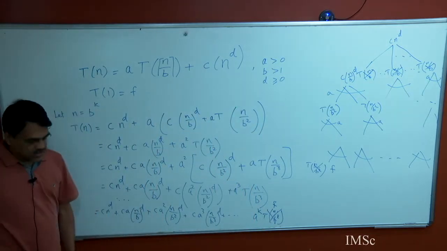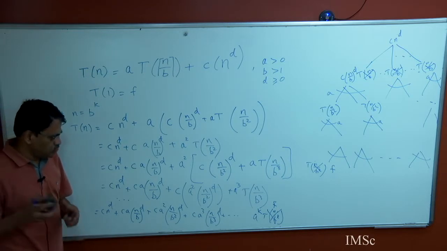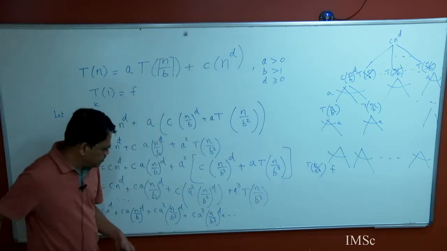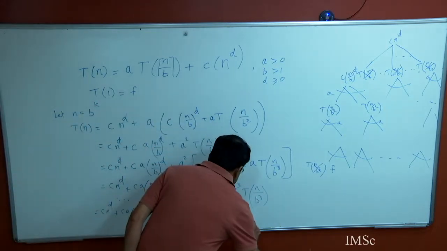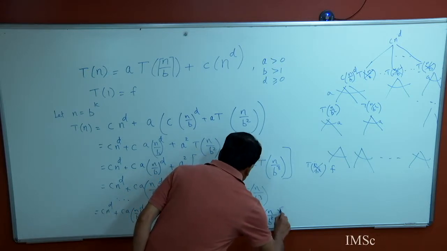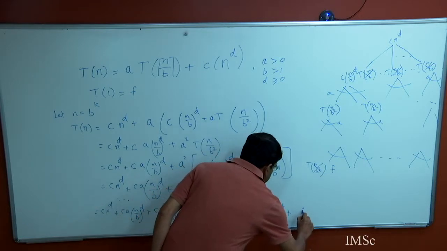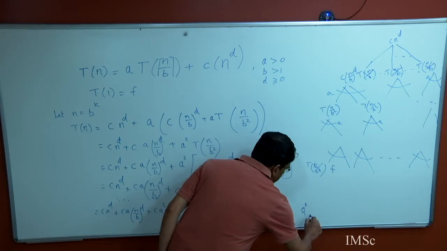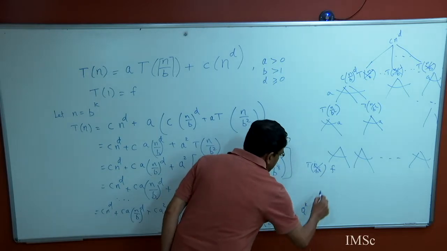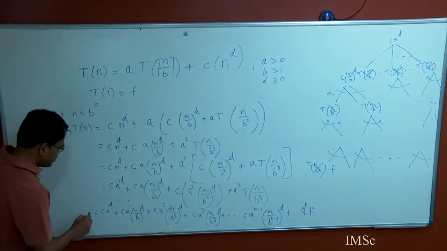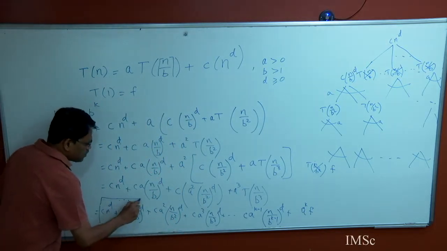Okay, so let me write the previous term: C A power k minus 1 n by b power k minus 1 whole power d, plus, there is no C, A power k into T of n by b power k, which will be like T of 1, which will be f. Okay, so this is what it will turn out to be.